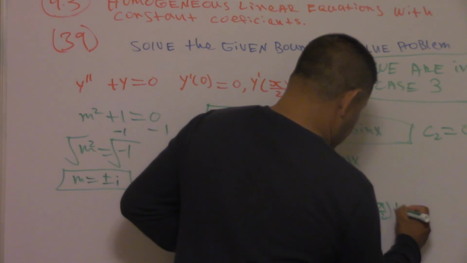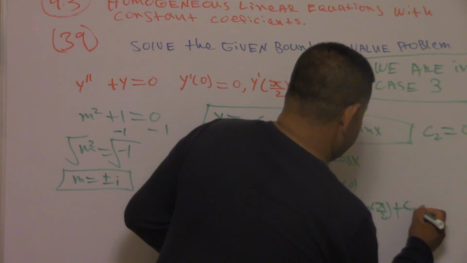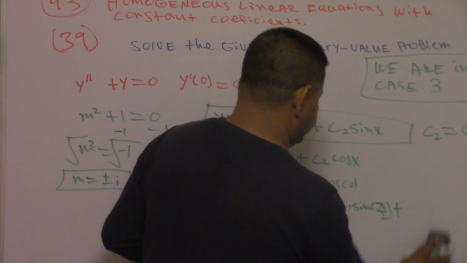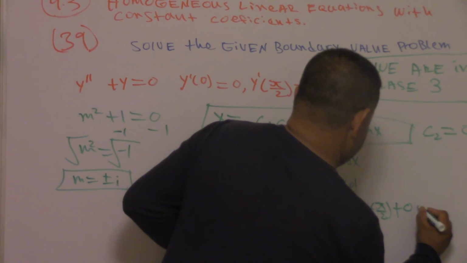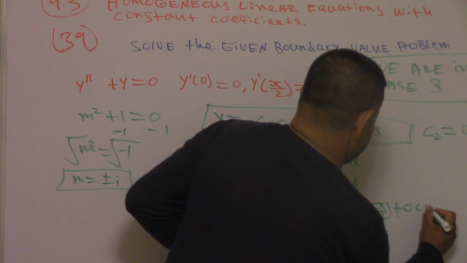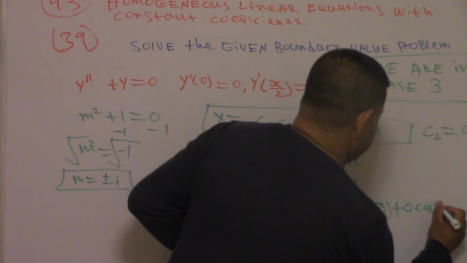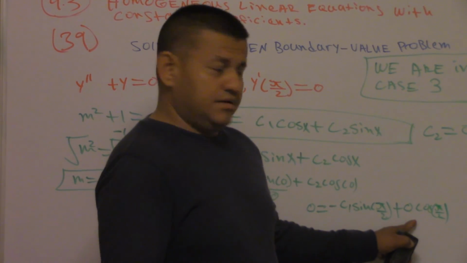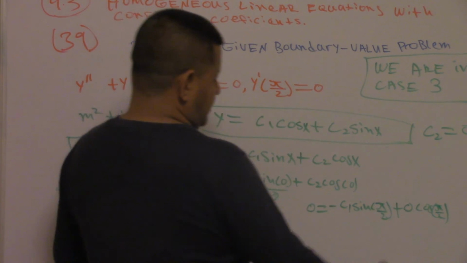Now, plus c2, well, but what is c2? c2 is 0, right? So 0 times cosine of pi over 2, right? So this is 0 again, okay? That is 0.